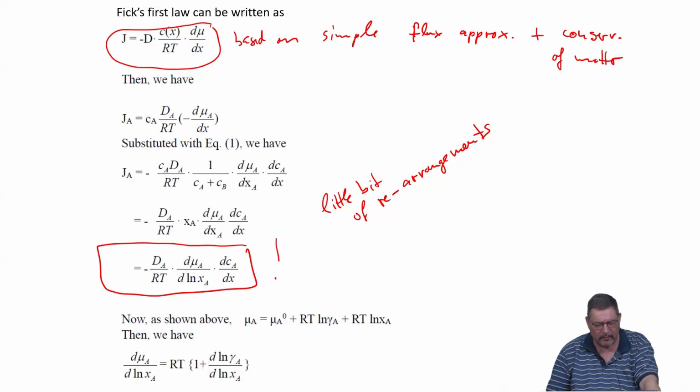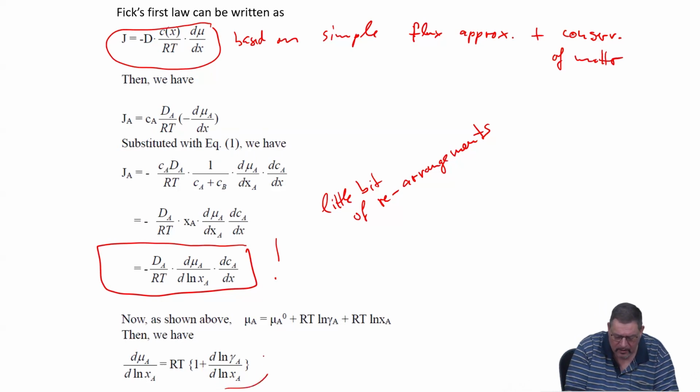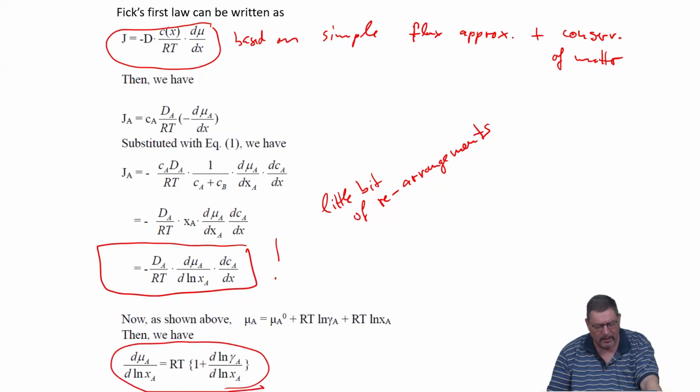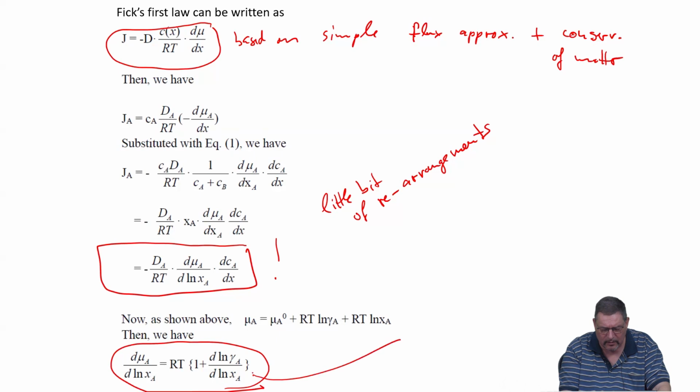And if we again use the definition of chemical potentials for a non-ideal solid solution with activity coefficient, then what we get here is this equation. There already this term is included.